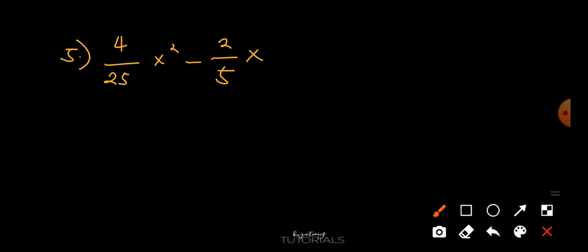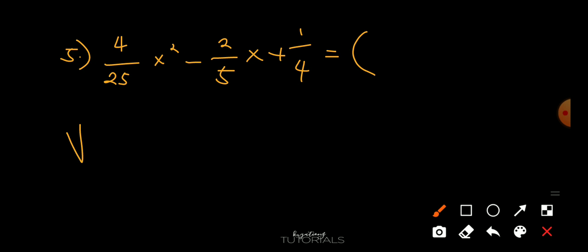Okay? Now let's go to number 5, the last example. We have 4 over 25x squared minus 2/5 x plus 1/4. So the same process even if it is a fraction. So the square root of the first term.